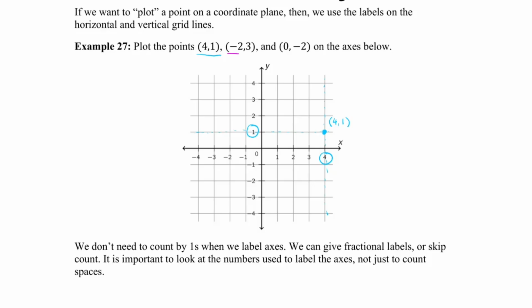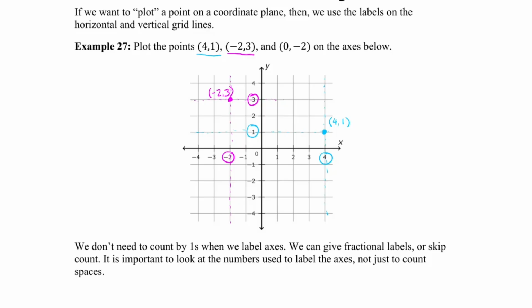If we want to draw the point -2, 3, we find the -2 on the x-axis, so somewhere on this vertical line. We find the 3 on the y-axis, so somewhere on this horizontal line. This is the place where those cross, so this is the point -2, 3.